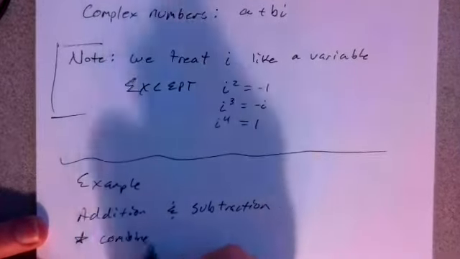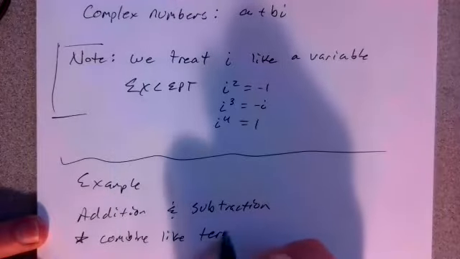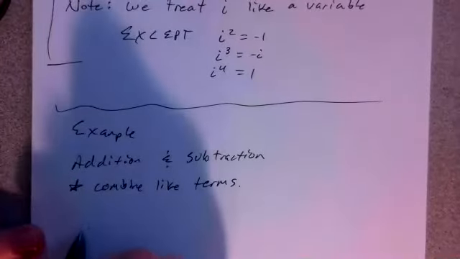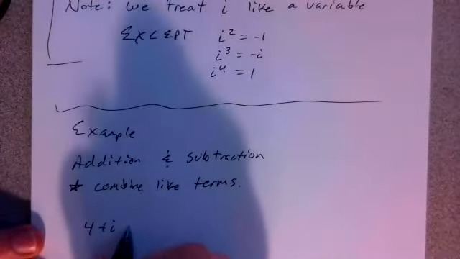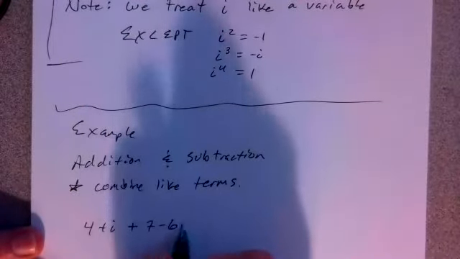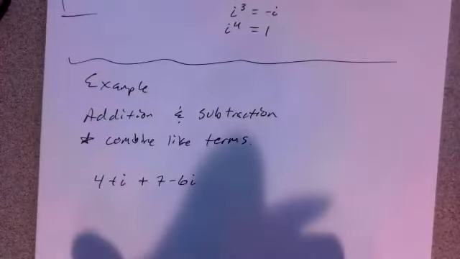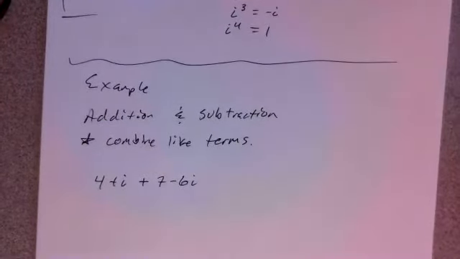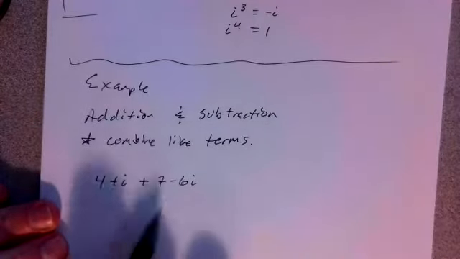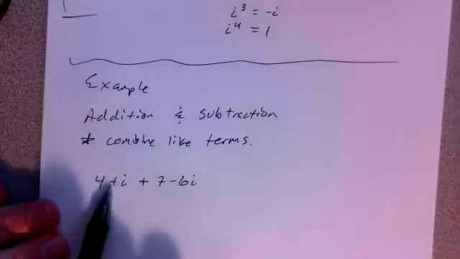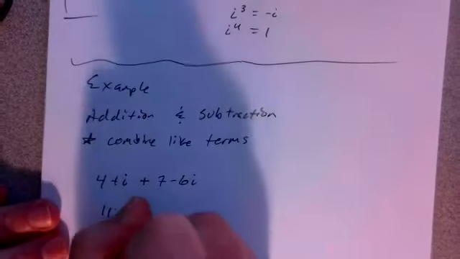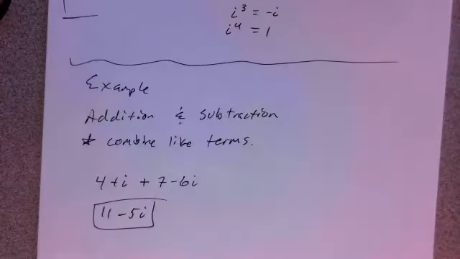If I had something like 4 plus I plus, I don't know, 7 minus 6I, just making it up, we're just going to combine our like terms. 4 and 7 are the real parts, so 4 and 7 give 11. And then I and -6I, so +1I and a -6I would leave me with -5I. And that's it. That's as far as you have to take it.